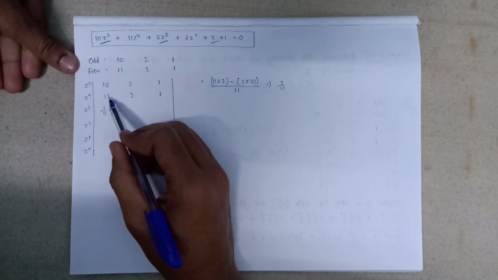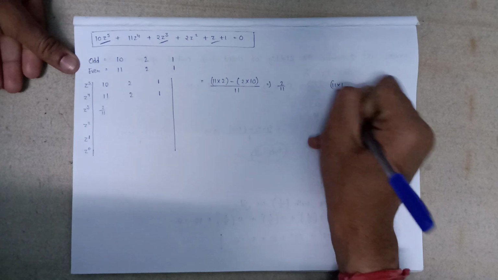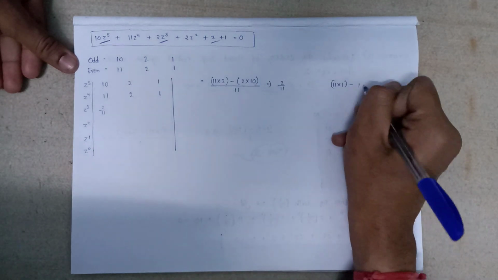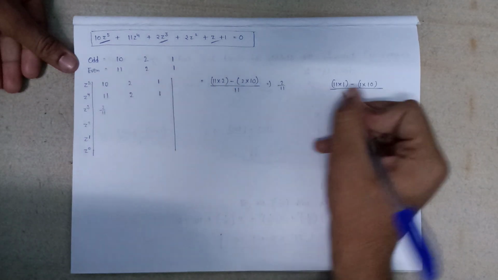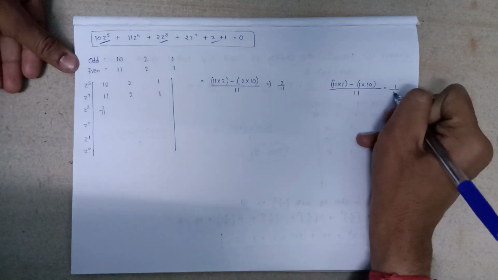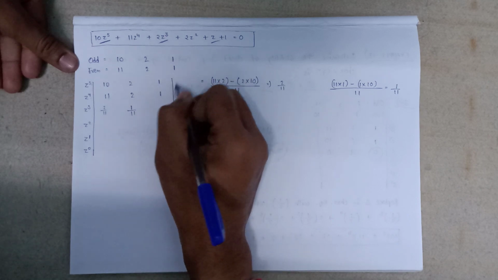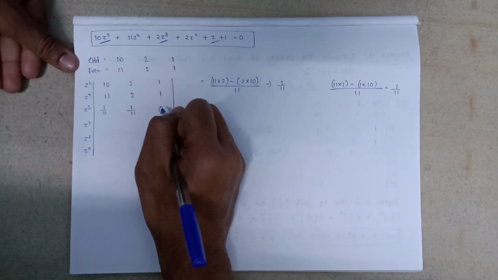Moving on to the next step, 11 multiplied with 1 minus 1 multiplied with 10, whole thing divided by 11, we will get 1 over 11 as output. No other column for further multiplication, so we will simply write 0 here.